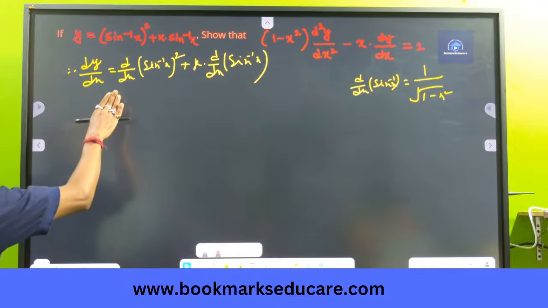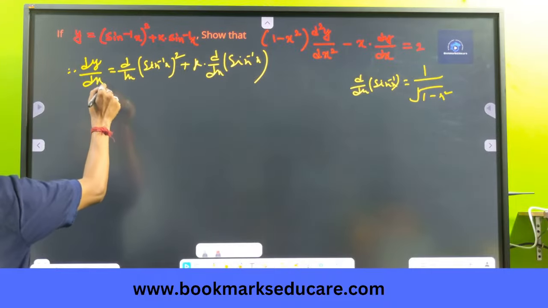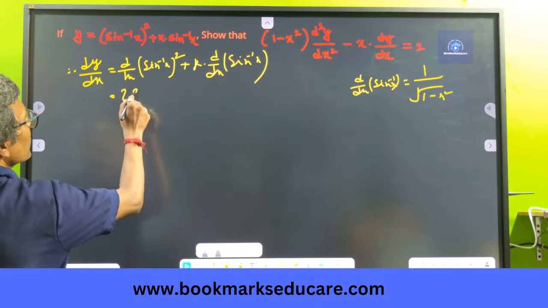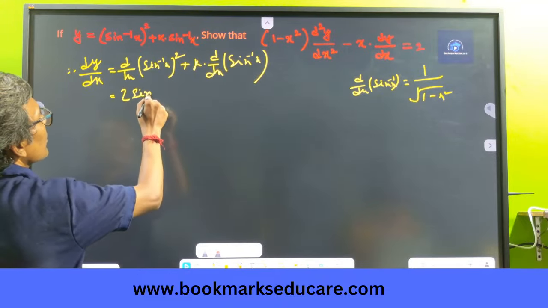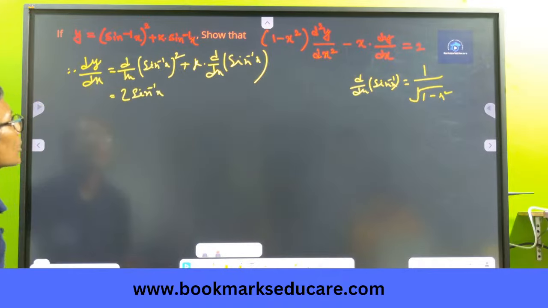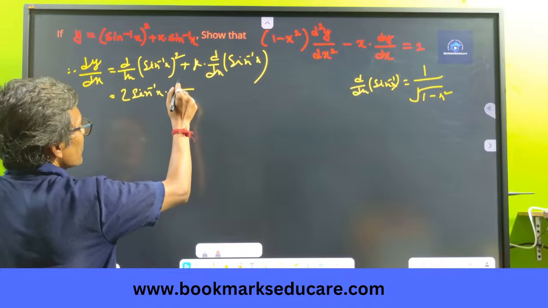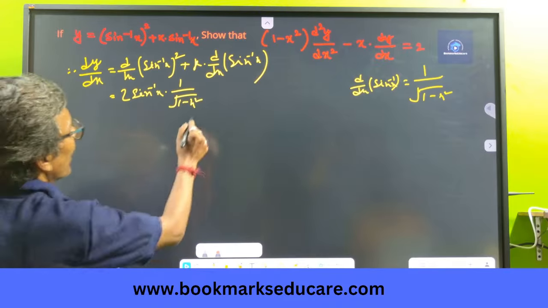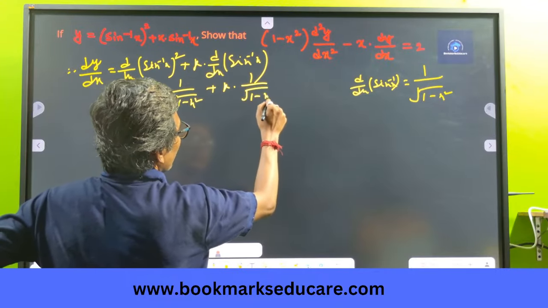So it is equal to 2 into, using chain rule, 2 sine inverse x into d by dx of sine inverse x means 1 by root 1 minus x square, plus k into 1 by root 1 minus x square.